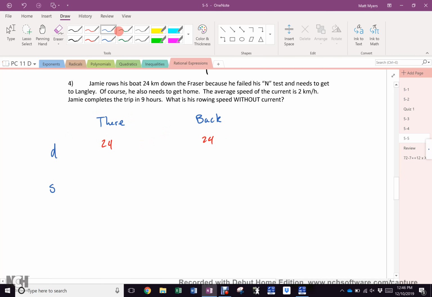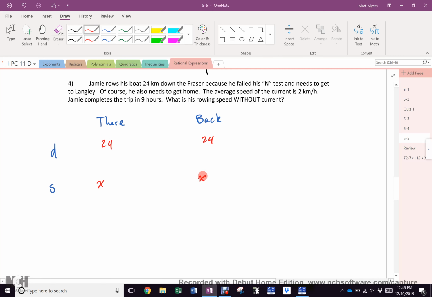We have a speed. Do we know Jamie's speed? Read the question. Do we know how fast Jamie is paddling? No, we do not. So what do we give it? I'm going to give it X because S looks like a 5 for me sometimes. And he paddles back at an X. But he's in a river.